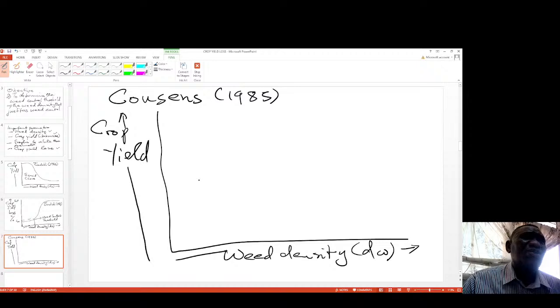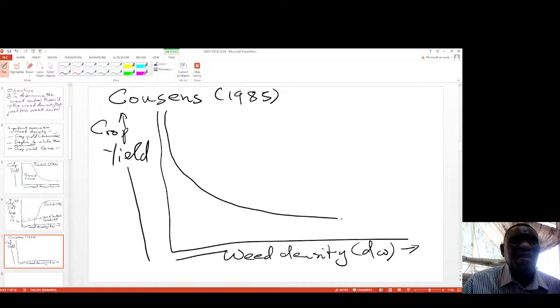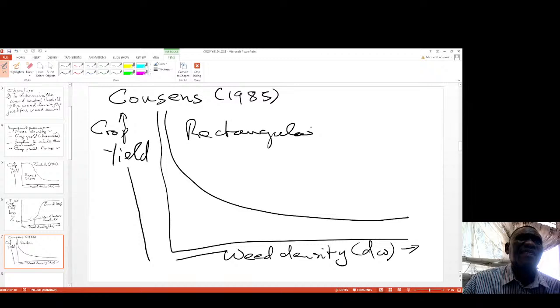Now, according to Cousins, you have a rectangular hyperbola.